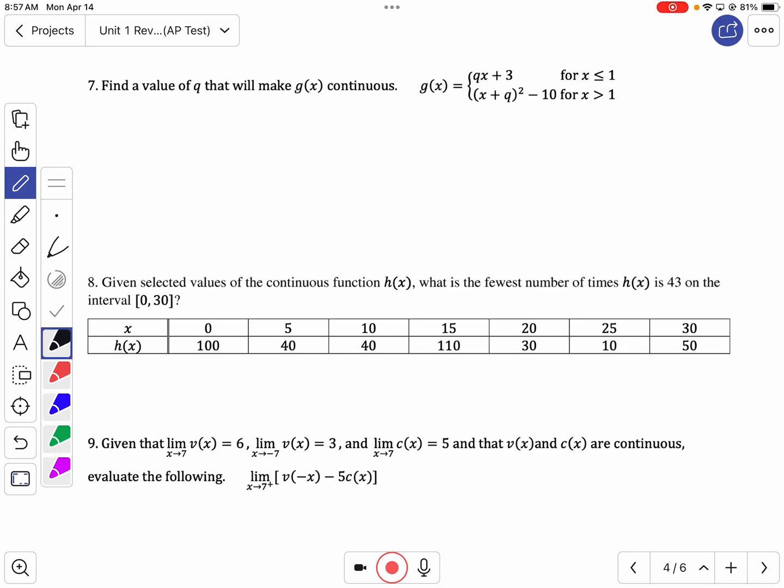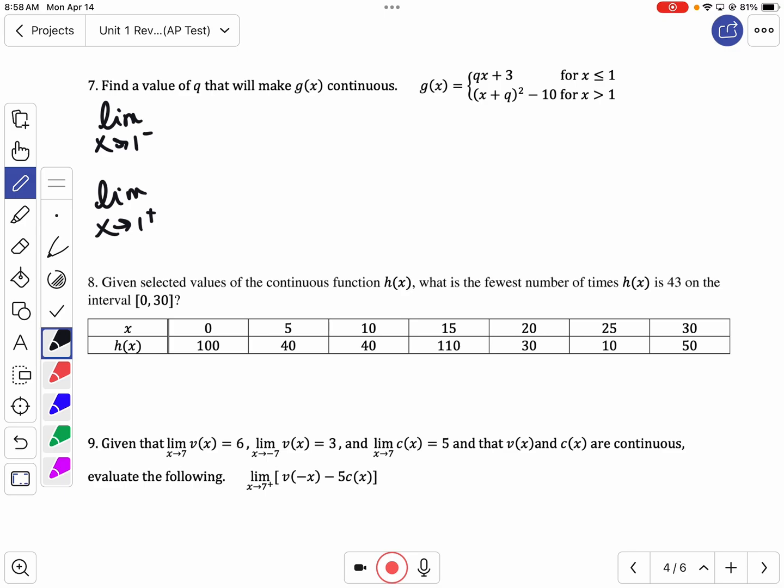Yeah, the limits have to be equal from both sides, and they're pivoting around 1. So we're going to take the limit as x approaches 1 from the left, and the limit as x approaches 1 from the right. If those two limits are not equal, the rest of it doesn't matter.